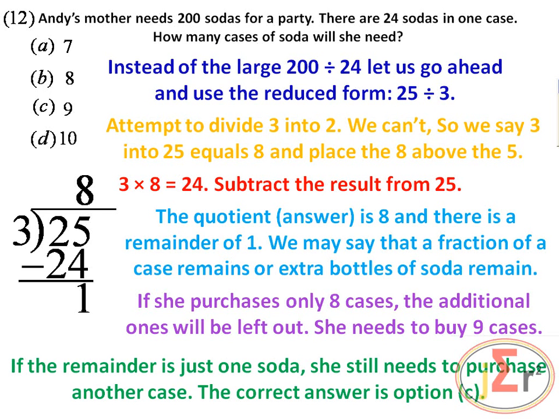It means that if we use 8, we will not get the 200 because there are leftovers. So we have to purchase a number of cases that will give her the 200. So we will have to purchase more than the 8 cases, else she will not get the 200. And we will see that before we are through.